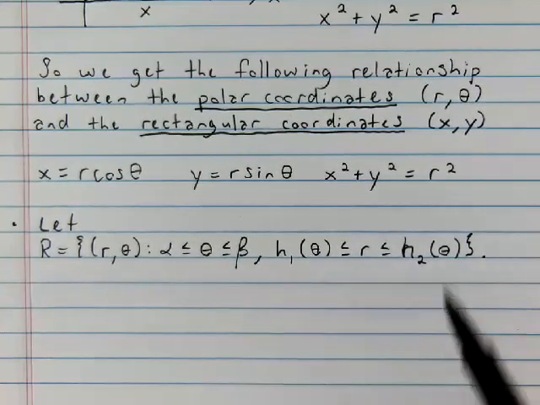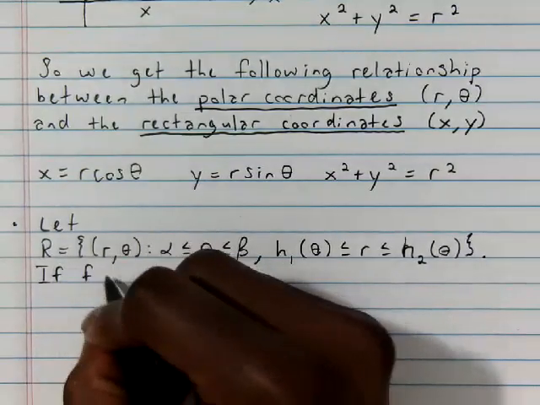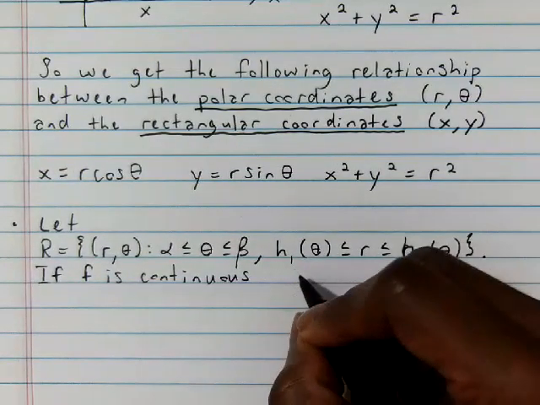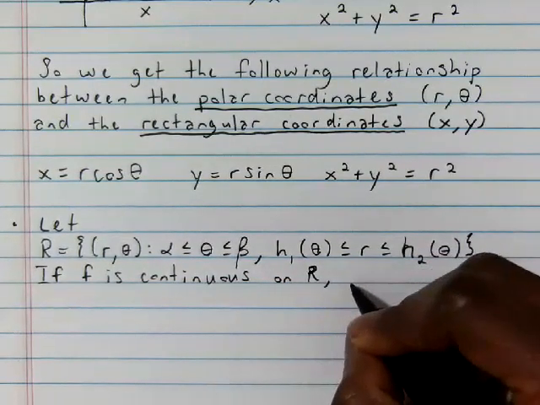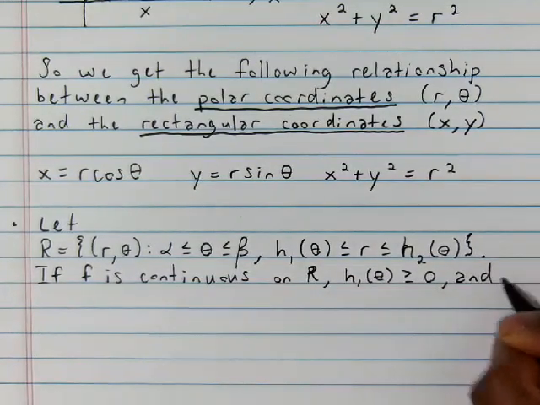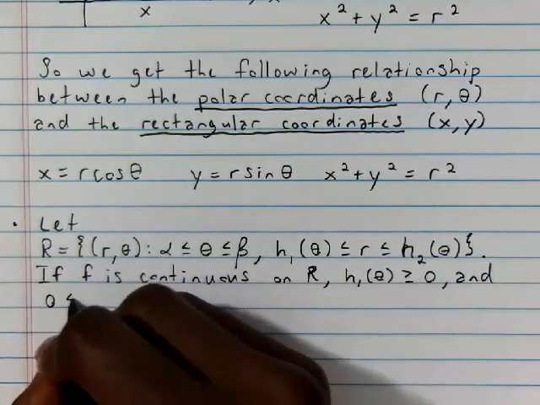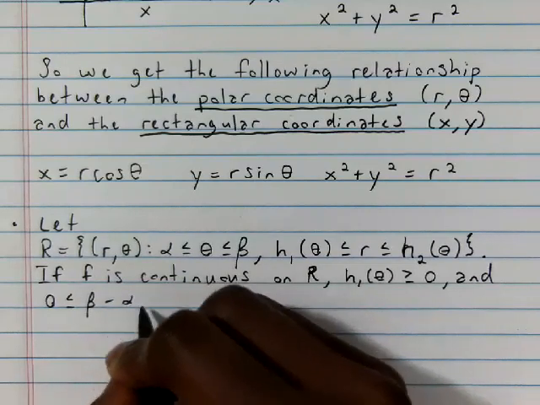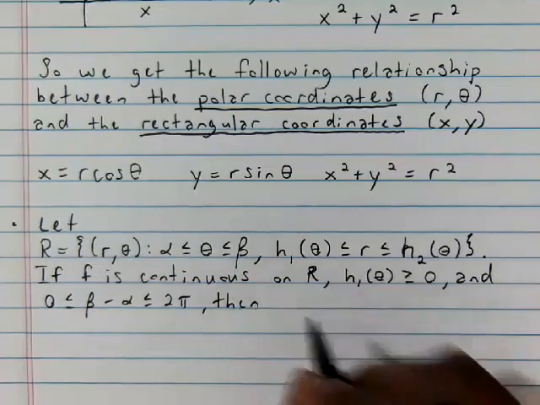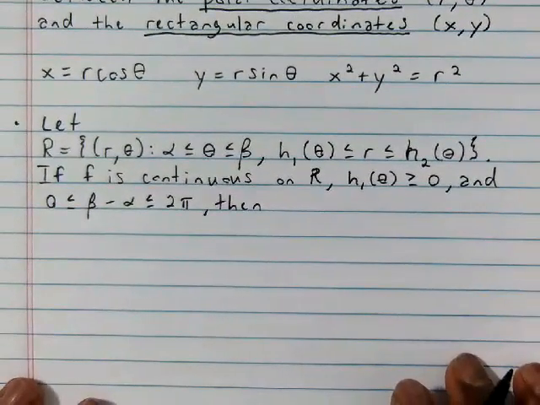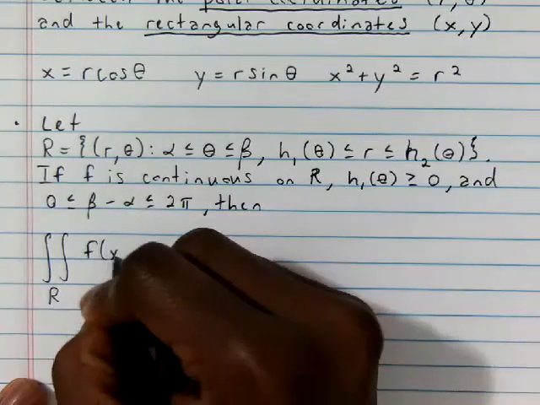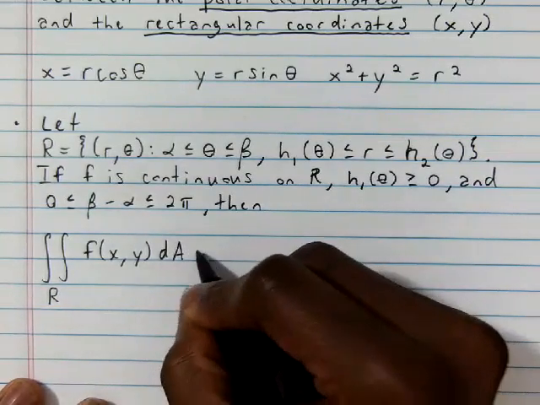All right. If f is continuous on R, h1 of theta is greater than or equal to 0, and 0 is less than or equal to beta minus alpha, which is less than or equal to 2 pi, then the double integral over R of f of x y dA equals the iterated integral.